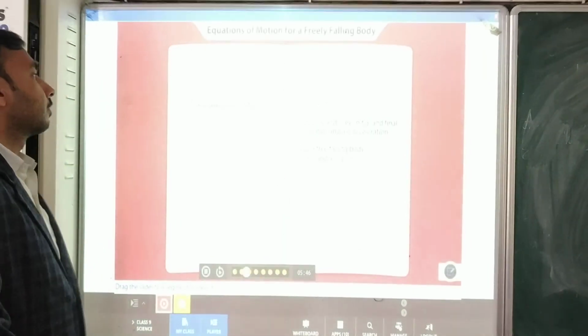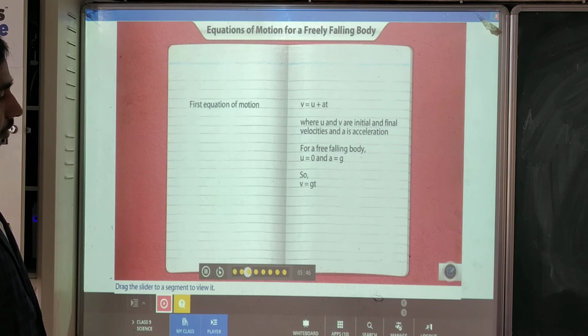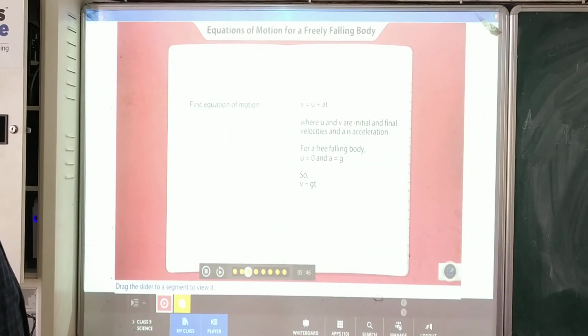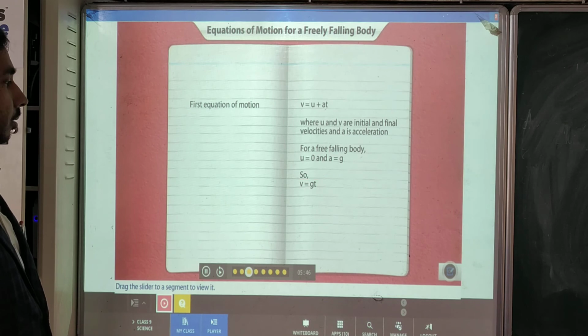For a freely falling body, u is 0 and acceleration a is denoted by g, which is the acceleration due to gravity. Substituting these values, we get the first equation of motion for a freely falling body, which is v equals gt.